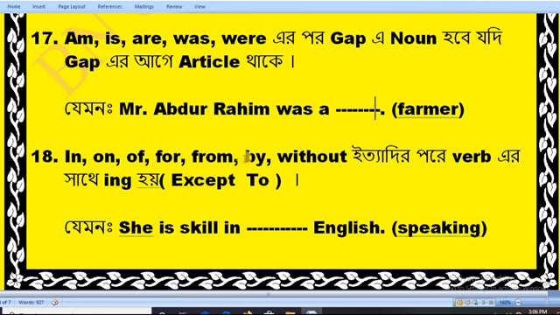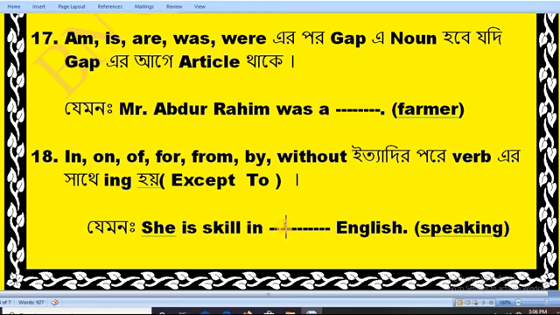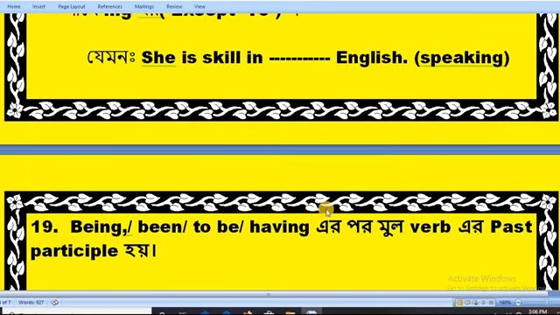In, on, to, for, from, by, without. These types of prepositions, even so many prepositions are available in English grammar. Except to, if you see any type of preposition, after the preposition the verb will be ing. I have already given this type of rule earlier, right?